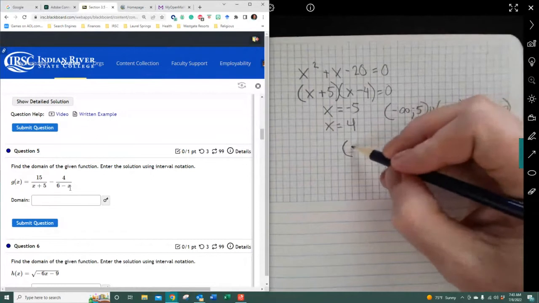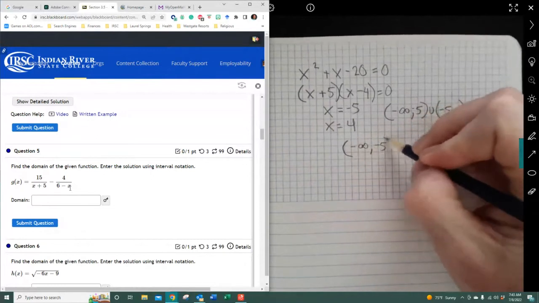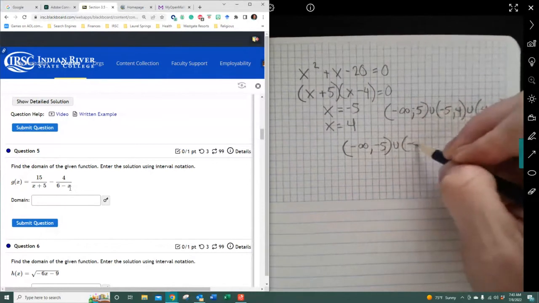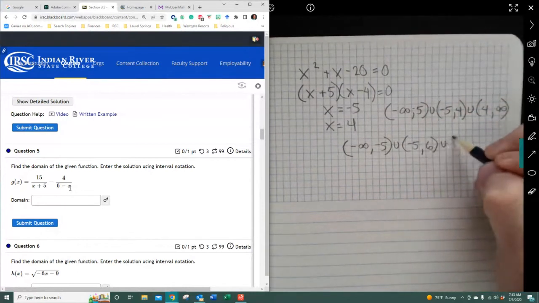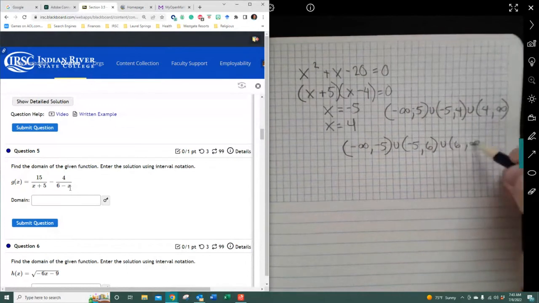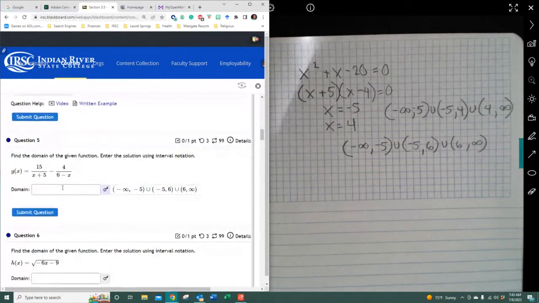So -5, jump over -5, go to 6, jump over it, and done. So that's my answer. You just have to jump over the two numbers that are going to create zeros in the denominator, right? We don't even care about the numerator.